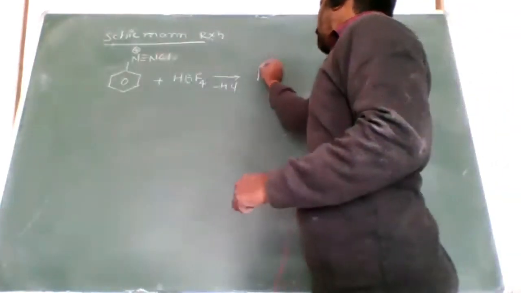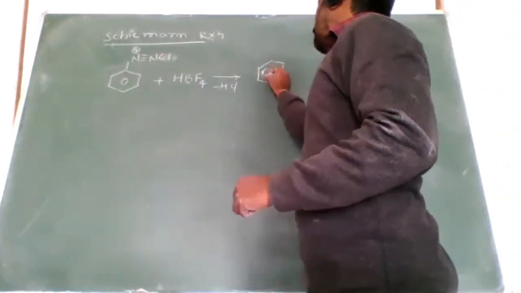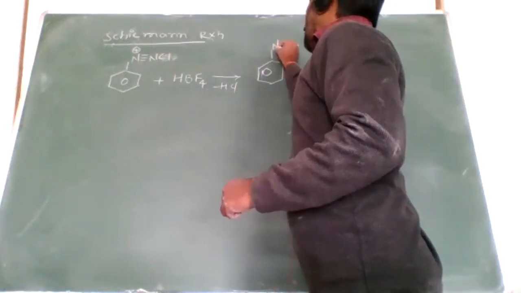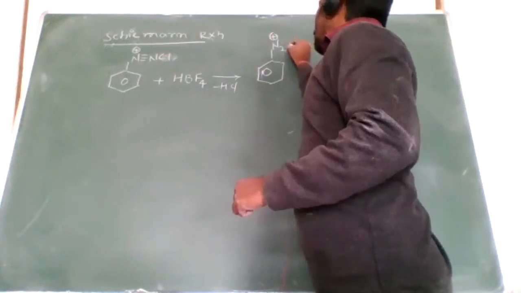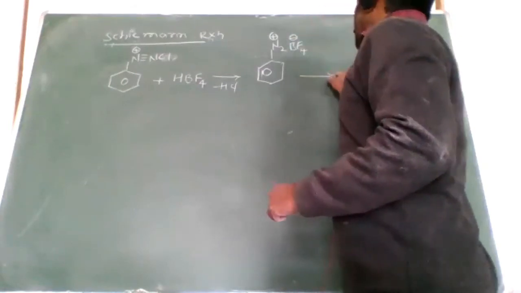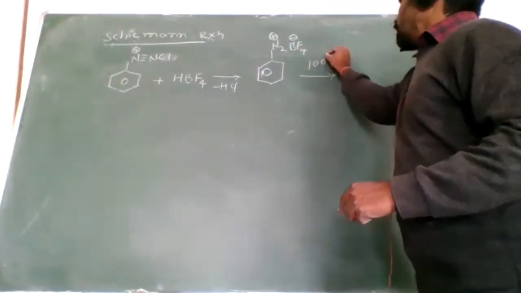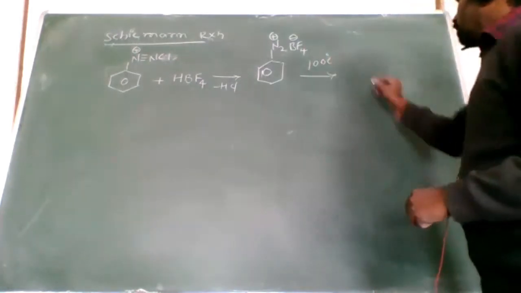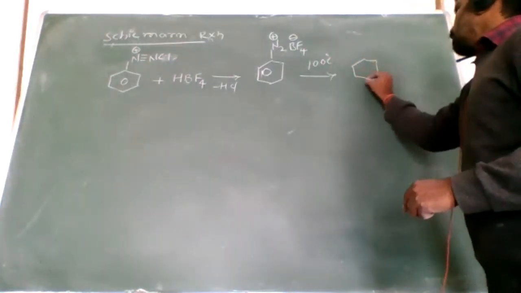What remains here is benzene N2 plus BF4 minus. At 100 degrees Celsius, on heating, we get fluorobenzene.